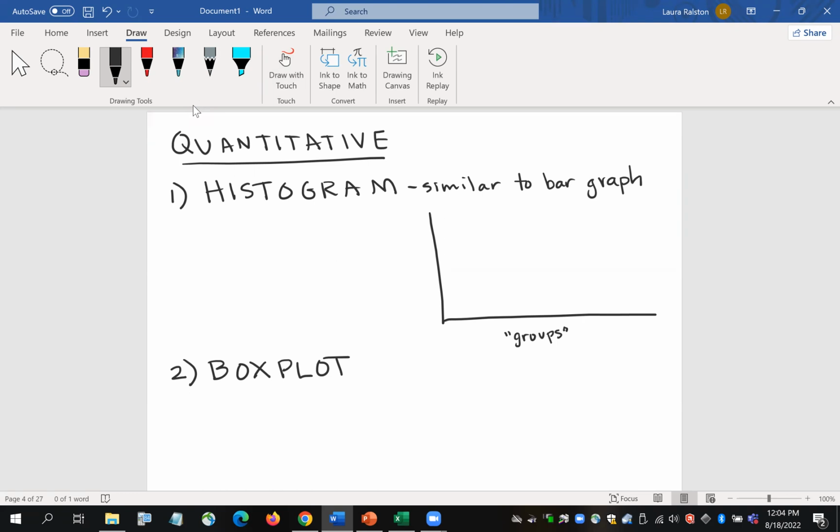Typically on that horizontal scale, depending upon the software, they're going to use what are called the midpoints, and we'll talk about which one Minitab does when we look at it. The horizontal axis is going to be the midpoints of each group. So if I had a group that went from say 10 to 15, my midpoint would be 13, because that's a halfway point.